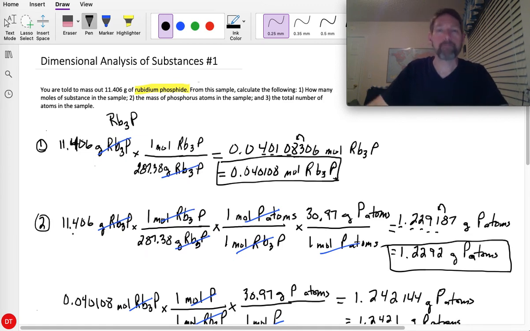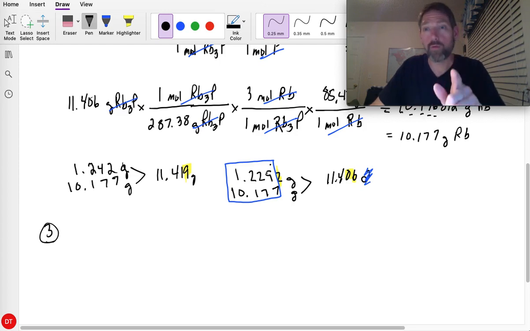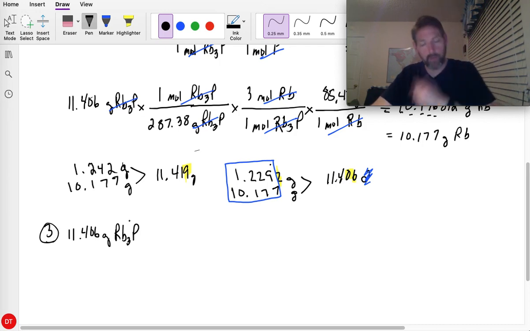Okay, we're back. All right, so number 3, the total number of atoms in the sample. I've already proven to you why we need to start with the 11.406 grams of rubidium phosphide.